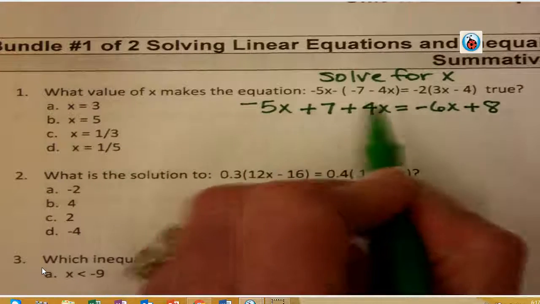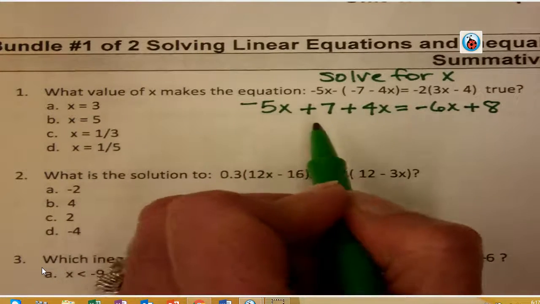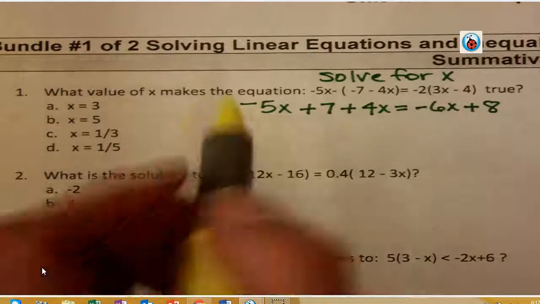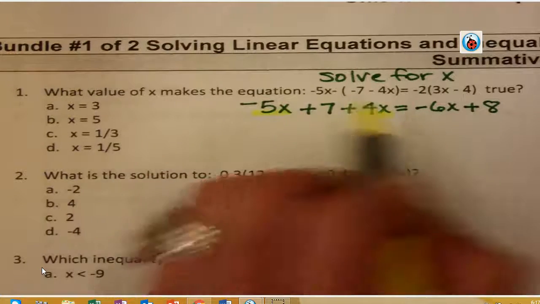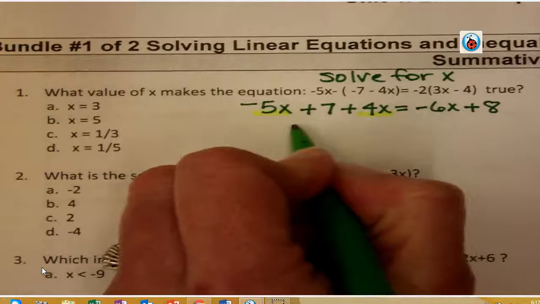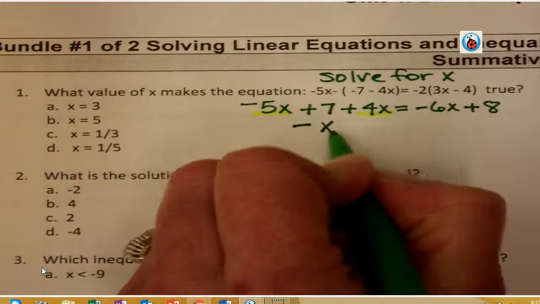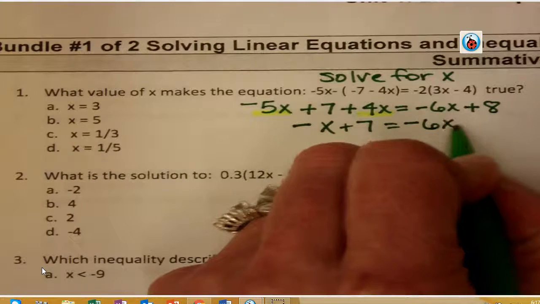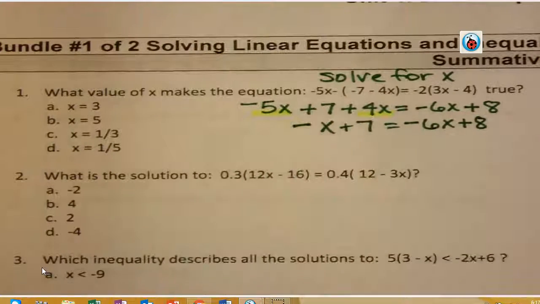At this point, we are still working on one side of the equal sign, so we're going to combine our like terms. My like terms include 5x and 4x. When I combine them, I get negative 1x plus 7 equals negative 6x plus 8.